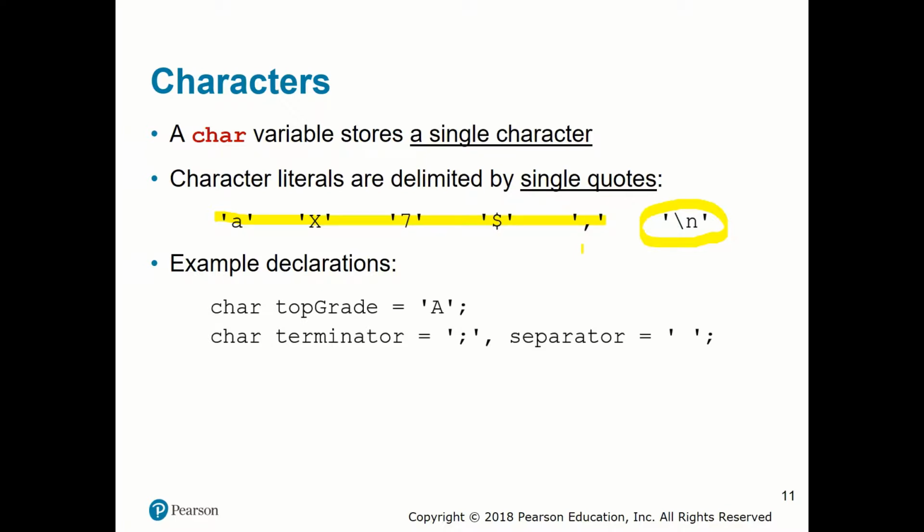This is an escape sequence character because there are two characters, but escape sequence characters are regarded as one character. And here are examples of declarations of character value. Top grade has a capital letter A, and terminator has semicolon, and separator has space. Space is also one letter.